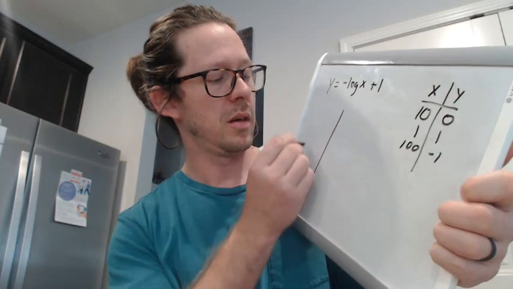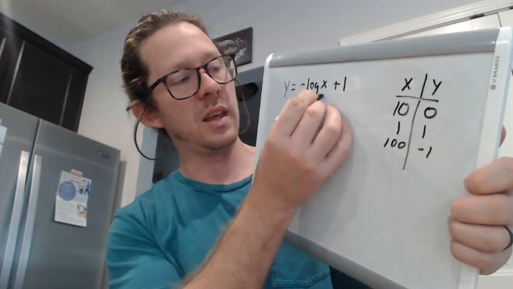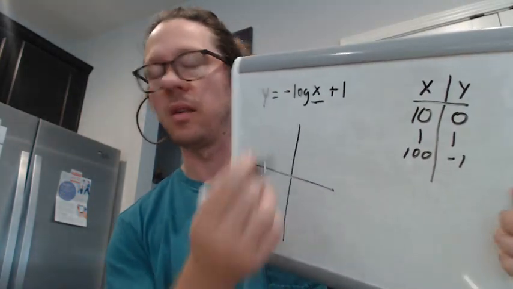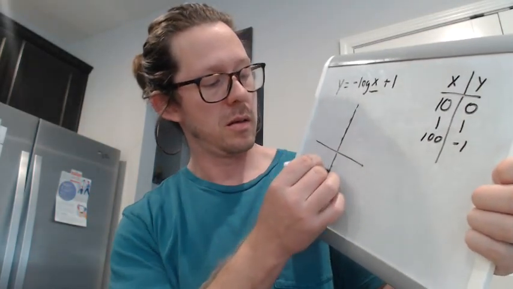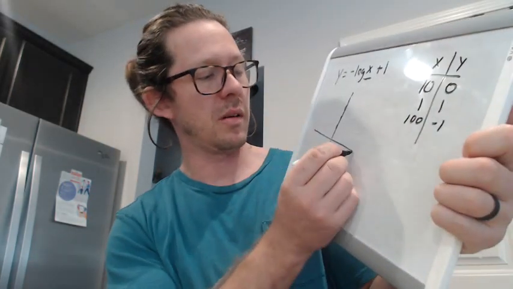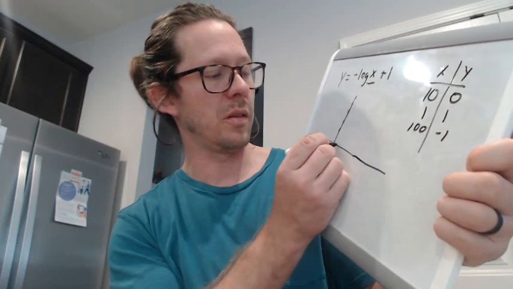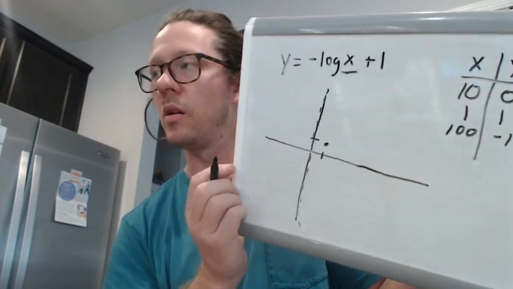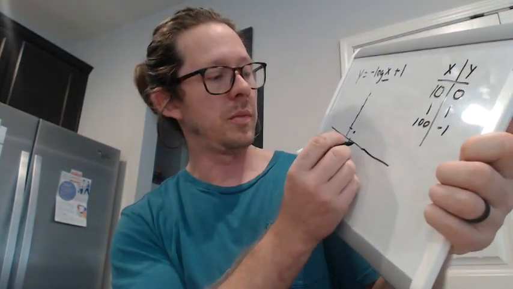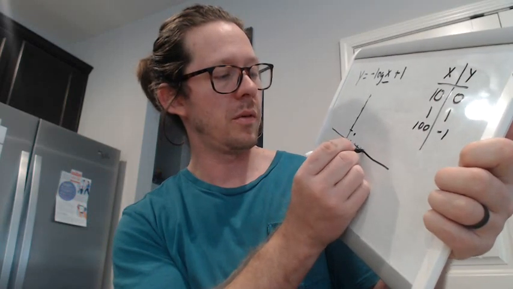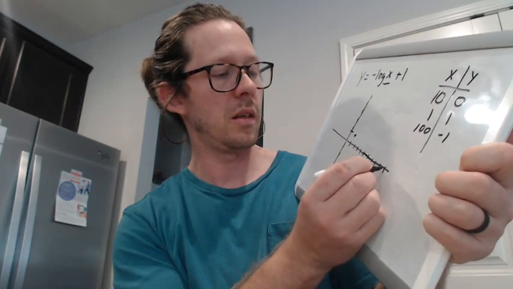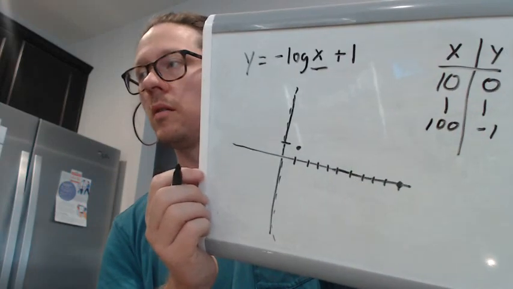And you'll notice since it didn't get shifted anywhere left or right, the asymptote is still at 0, right? But notice what happens here, okay? So watch this. If I graph a couple points, so let's say I graph 1, 1, right? There's 1, 1. 10, 0.